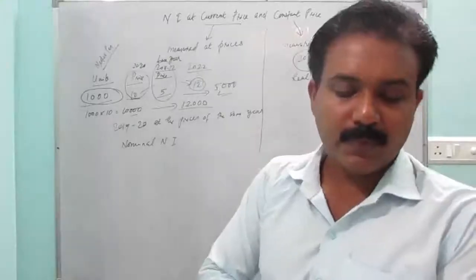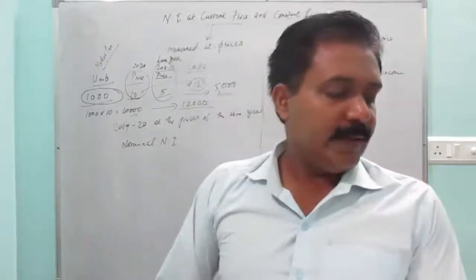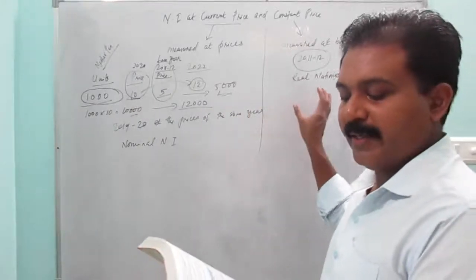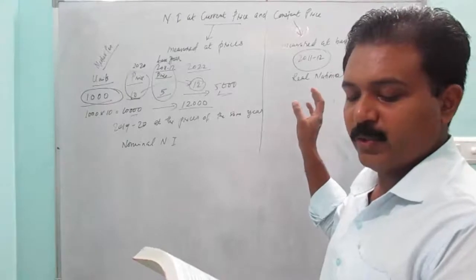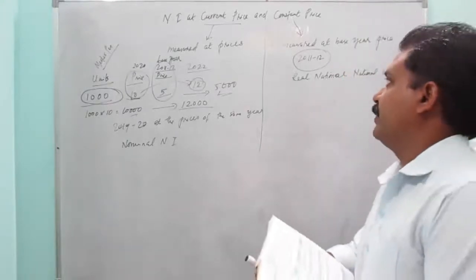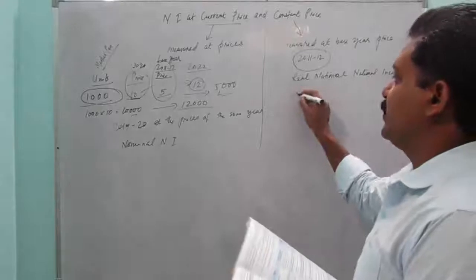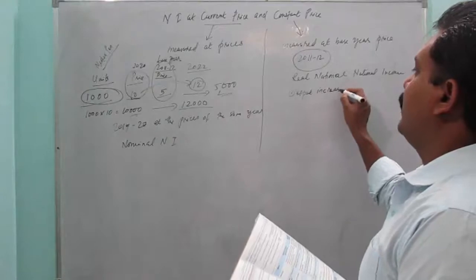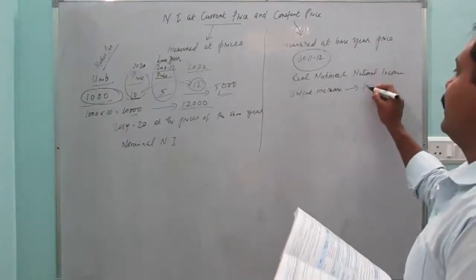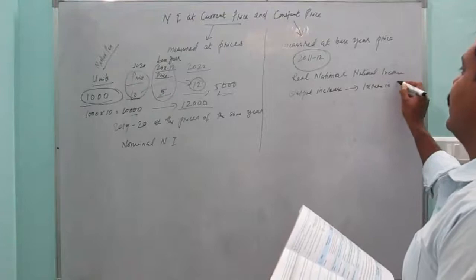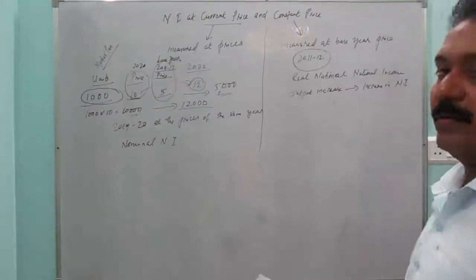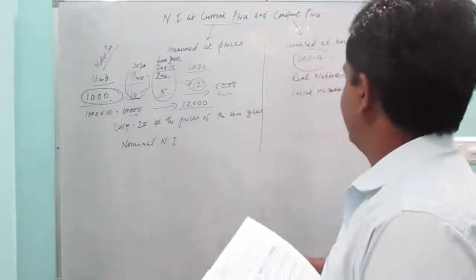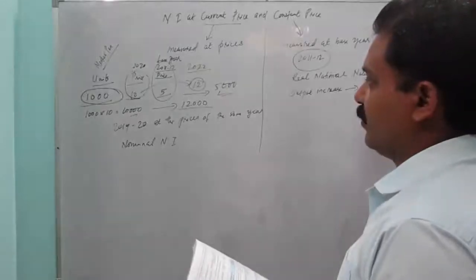Then it shows the picture of economic growth of a country, as any increase in real national income is due to increase in output only. Output must improve, otherwise there won't be any increase in national income.